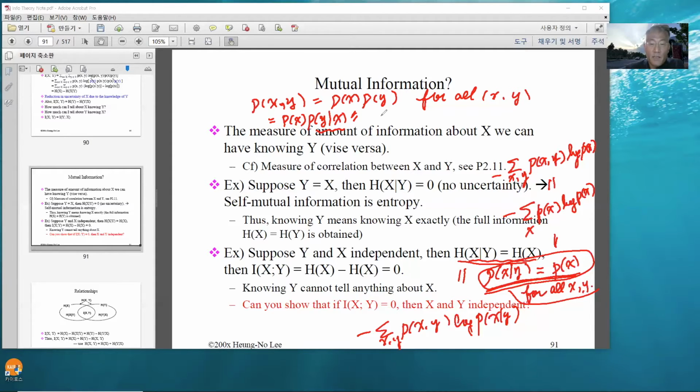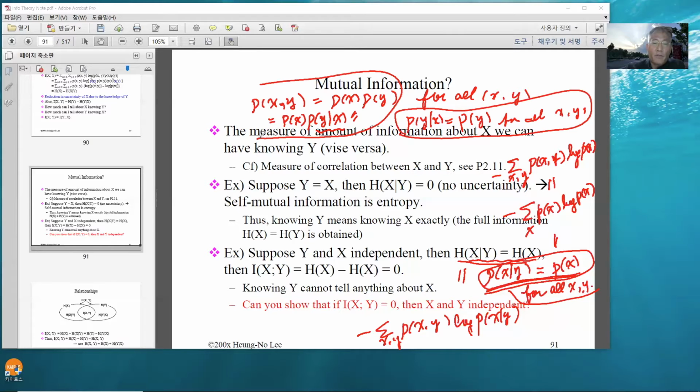Or in the other case, P of y given x is equal to P of y for all x and y. So we can have two definitions.